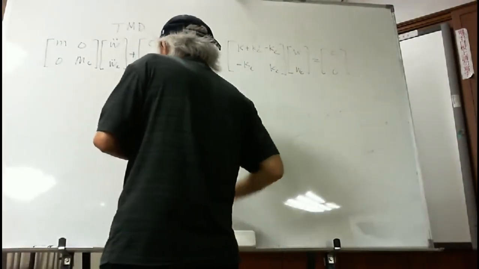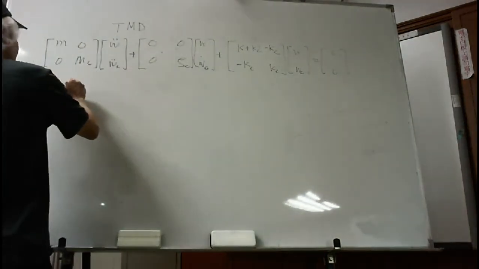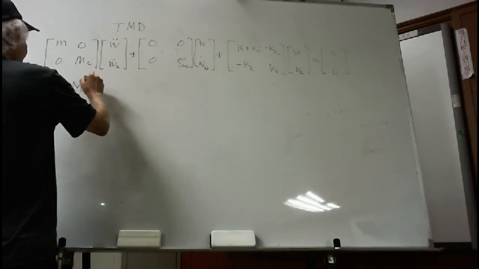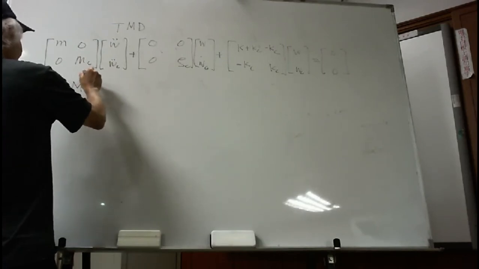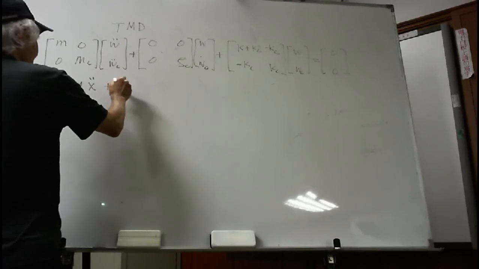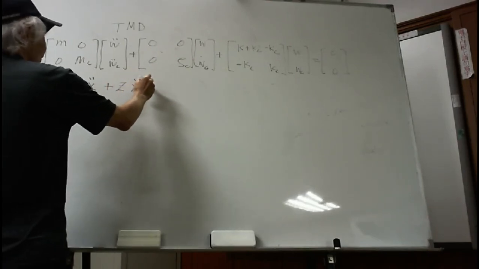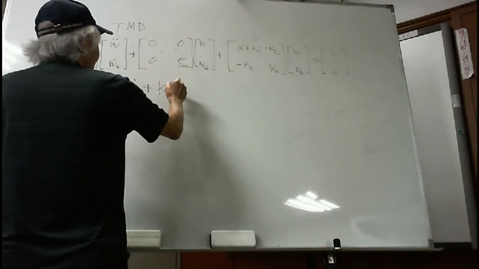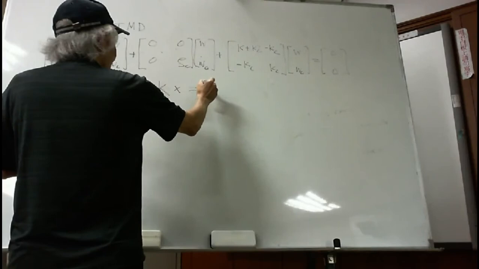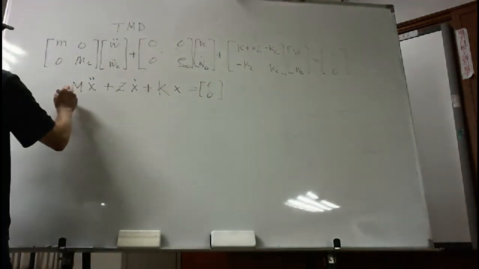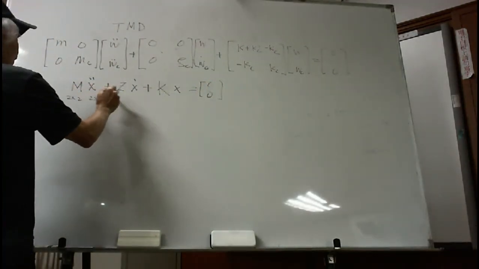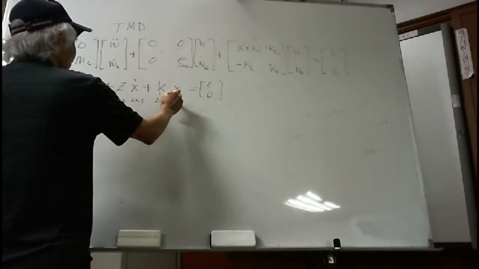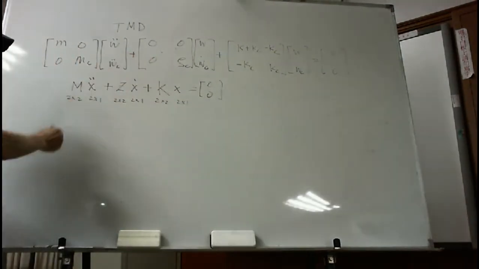System eigenvalue. Assume this is my M X double dot plus this is my Z X dot plus my K X equal to 0. These are matrices. This is all 2 by 2, and this 2 by 1, and this 2 by 2, and this 2 by 1, this 2 by 2, and this 2 by 1, but it can be any number.